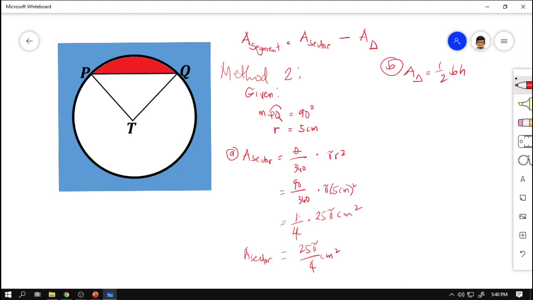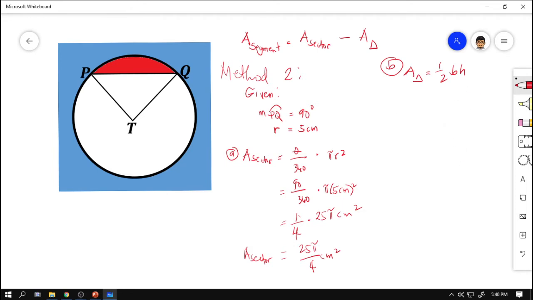Now, if this is the given triangle, say we have triangle PTQ, and this is 90. If we will be creating a line that will bisect PQ, ayusin natin yung drawing natin.